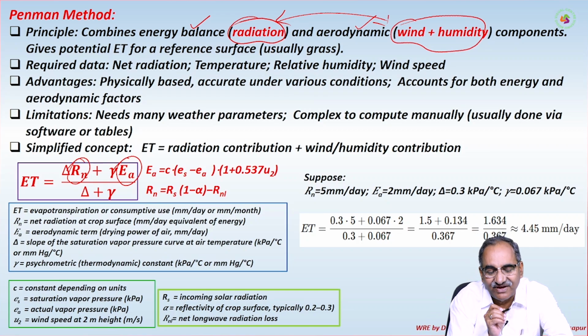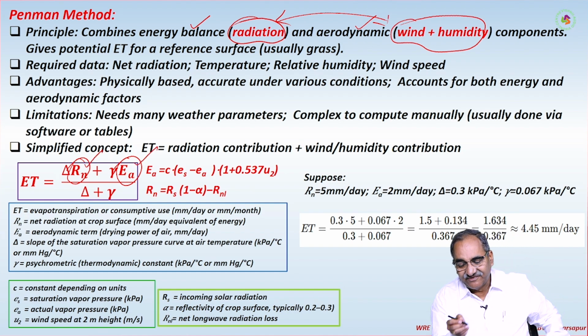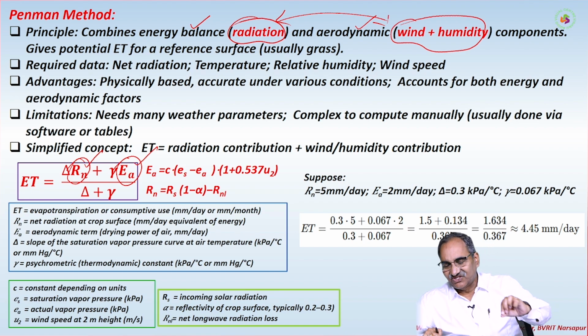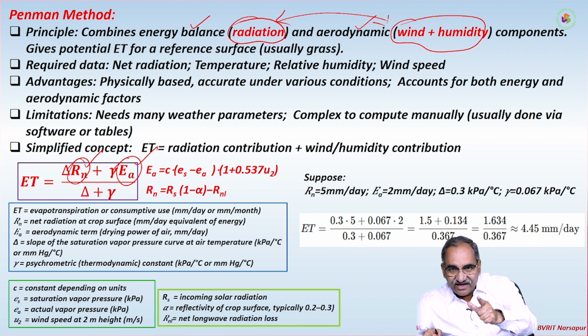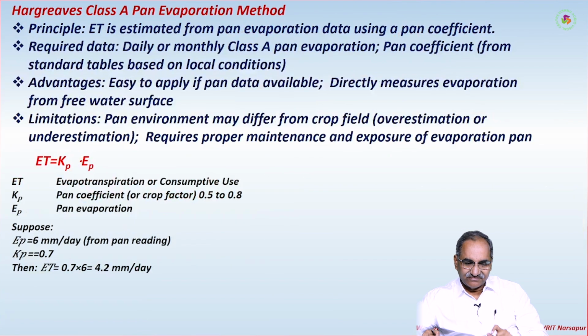So this equation mainly depends on Rn and EA, and a small problem is also given to help you understand the process. Each term of the equation is also explained clearly. Please see that evapotranspiration is a function of energy balance, which is solar radiation, and, number two, aerodynamic components, wind and humidity. That is the sequence of Penman's method.